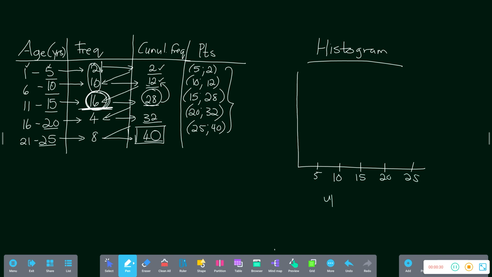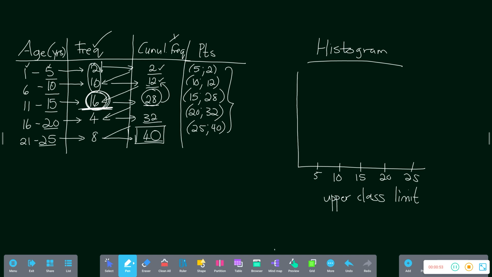It's still the upper class limit, not interval. My bad. Then now, instead of focusing on the cumulative frequency, we are now focusing on the actual frequency.